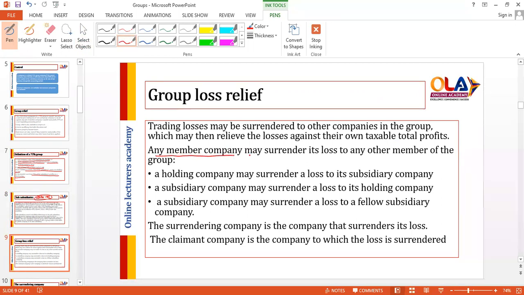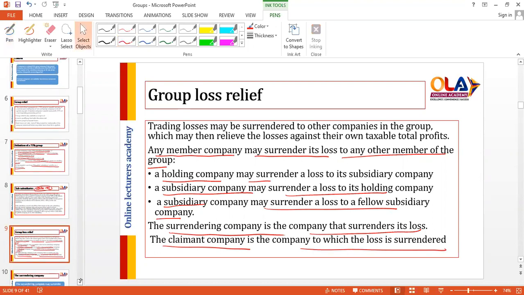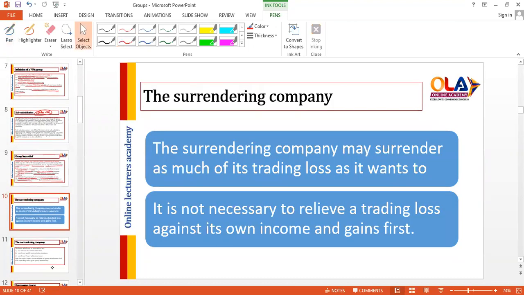Any member company may surrender its loss to any other member of the group. Holding company may transfer, subsidiary may transfer to holding company, subsidiary can transfer to a fellow subsidiary, anything is possible. Surrendering company is transferring the losses. The claimant company is the company for which loss can be claimed.